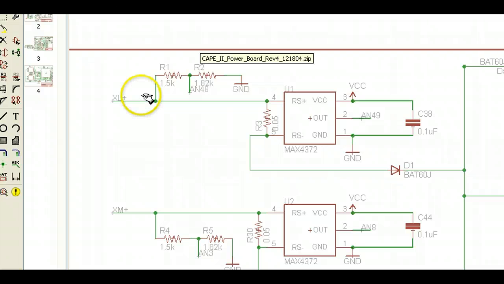So let's get started. Let's talk about the solar panel inputs. Over here you see a line marked X plus or XL plus, which means this is on the X surface. It's a deployable and it's got a left side, sometimes we call them the inside and the outside, or left and right.